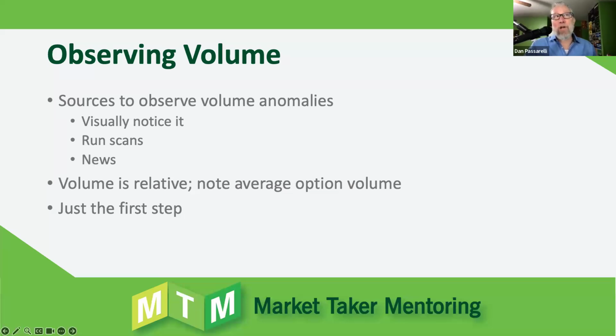There might be some software that allows you to run scans, or sometimes there are some news feeds that announce unusual activity or whale trades. But you don't have any control over those. They just pop up. And if they don't pop up, you don't see it.